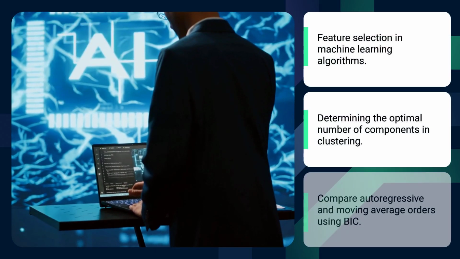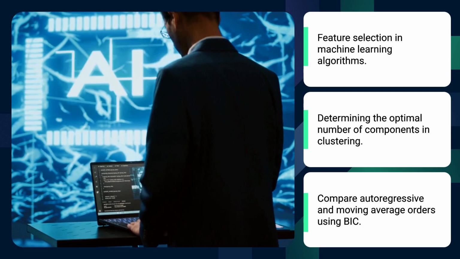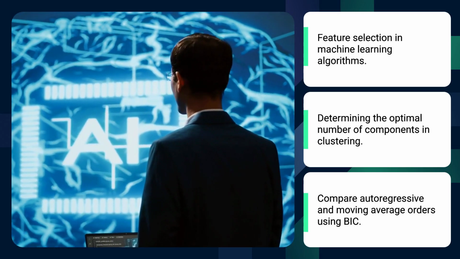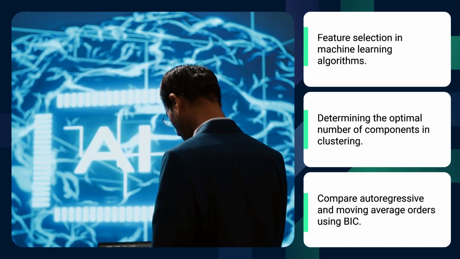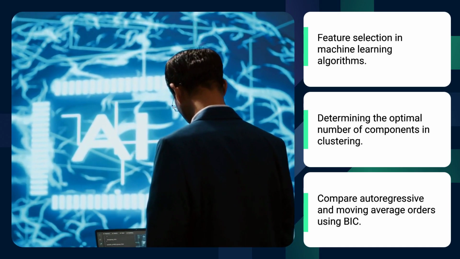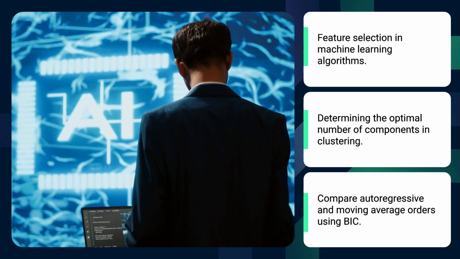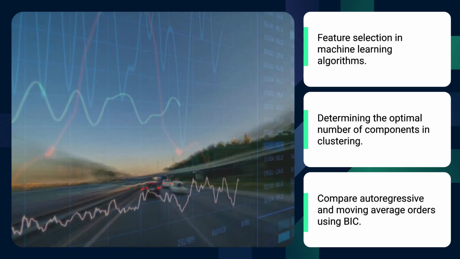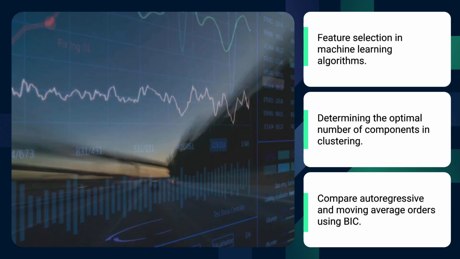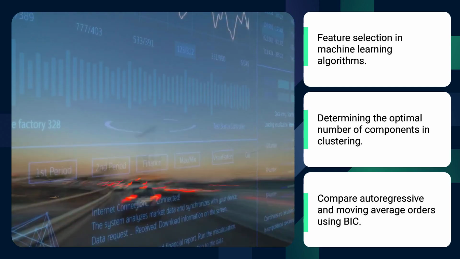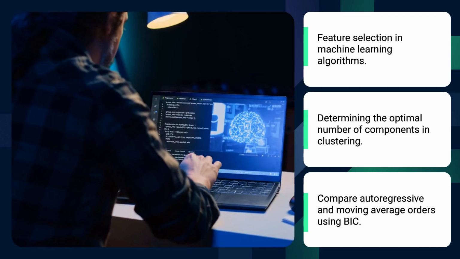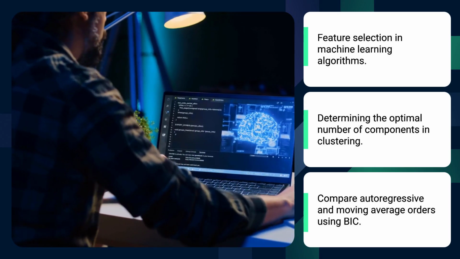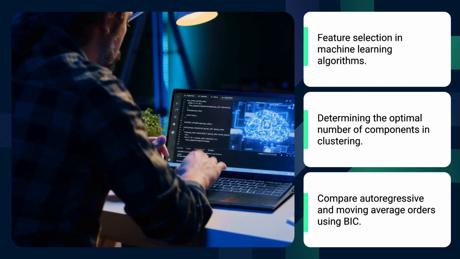In data science, where the focus often lies on building predictive models, AIC, AICc, and BIC are invaluable for tasks like feature selection in machine learning algorithms or determining the optimal number of components in clustering techniques. For instance, when building a time series forecasting model, different autoregressive and moving average orders can be compared using the Bayesian information criterion to select the model that best captures the underlying patterns without being overly complex.